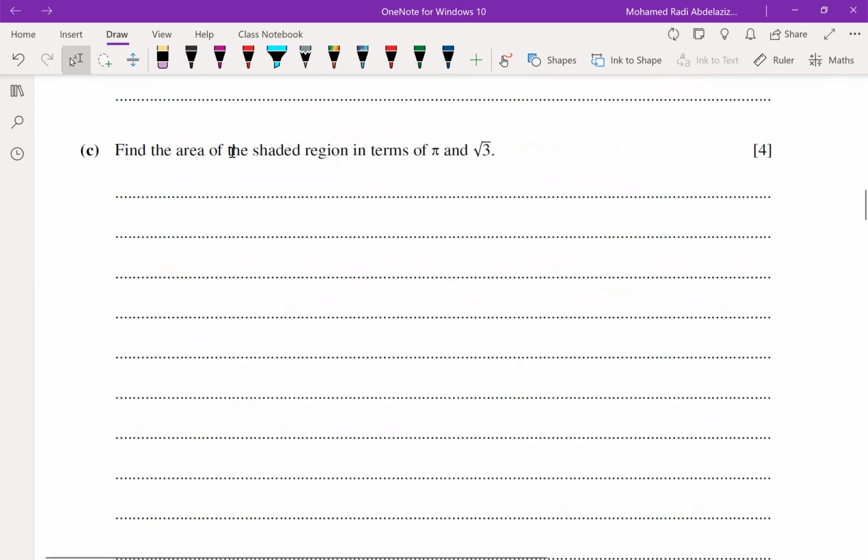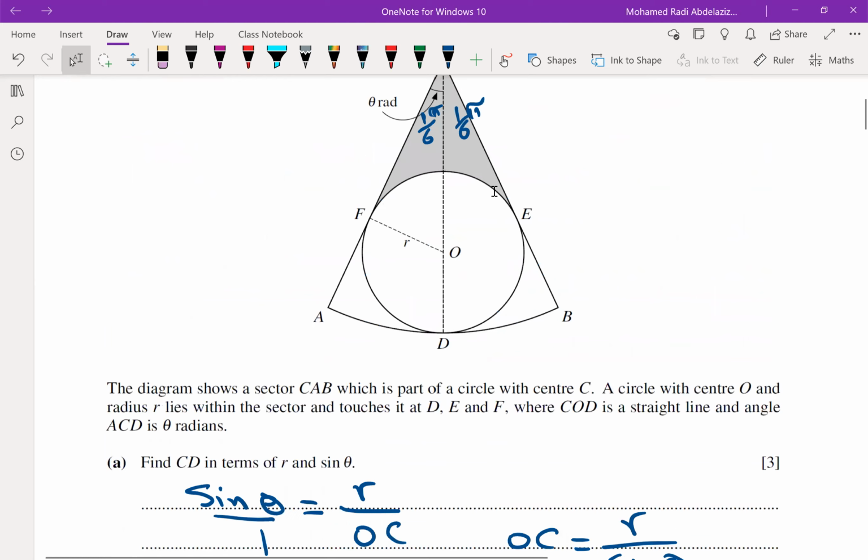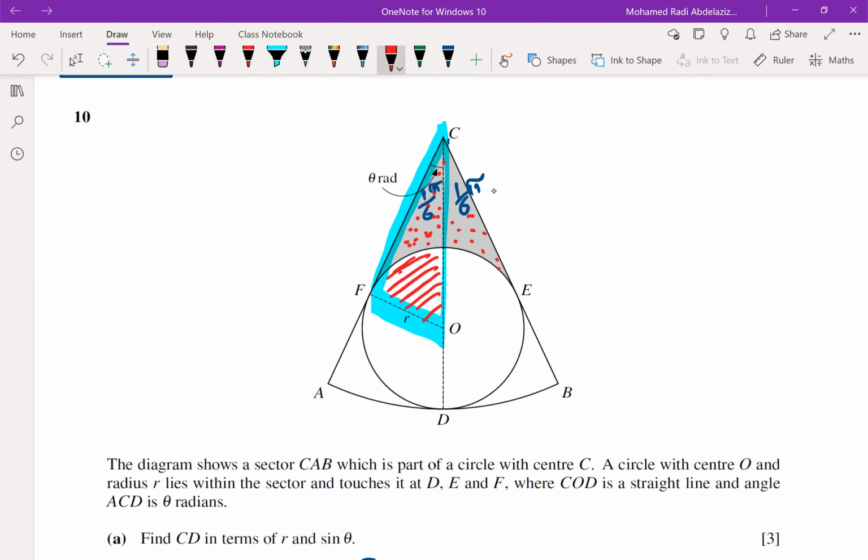Part C, he asked to find the area of the shaded region in terms of pi and root 3. For the shaded region, you can find the area of this triangle, then subtract this sector. You will get only this part, multiply it by 2, and you can find the whole area of the shaded region. This is the first method.